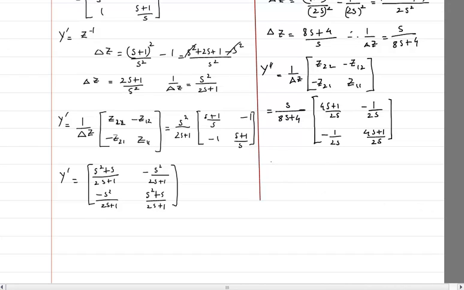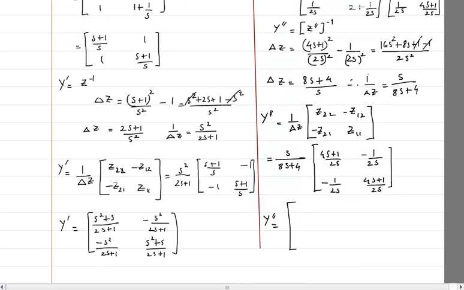Now if I am going to multiply it, I will get y double dash equal to, so now let me take it inside. So s and s will get cancelled, correct? S and s will get cancelled, and let us have a look if I am missing something here.